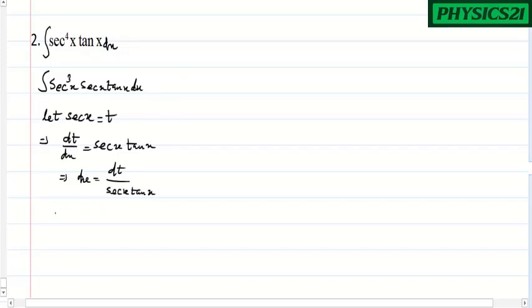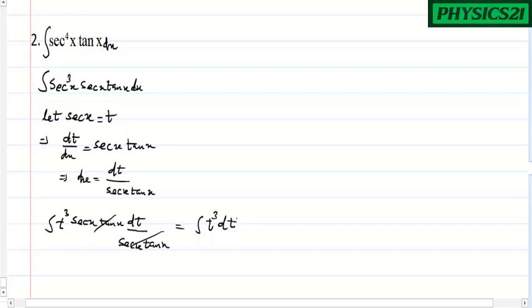Now use these substitutions in the given function. So we get t³ times sec x tan x, and in place of dx we substitute dt divided by sec x tan x. These both will cancel out, so there will be only t³ dt.